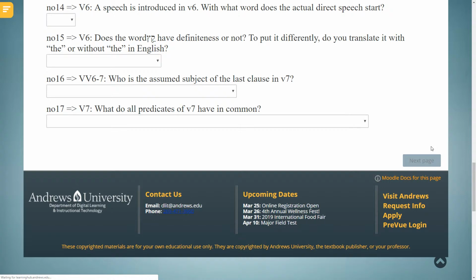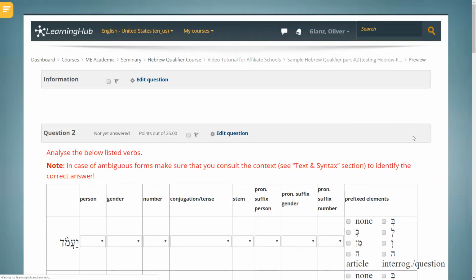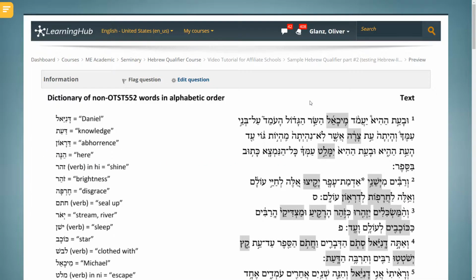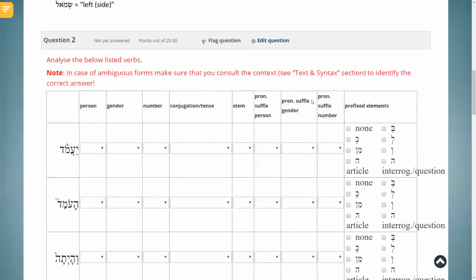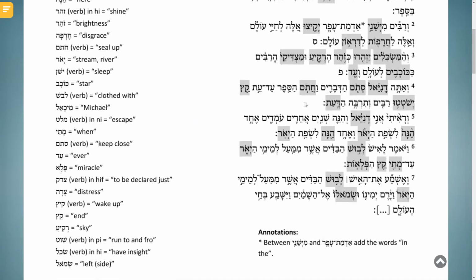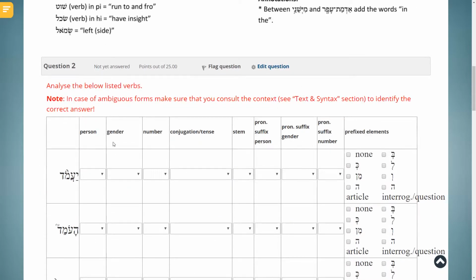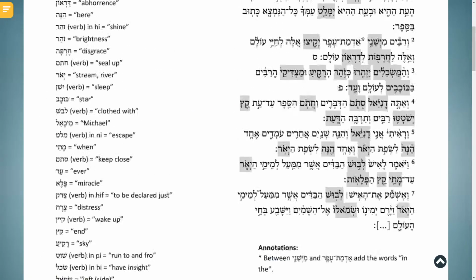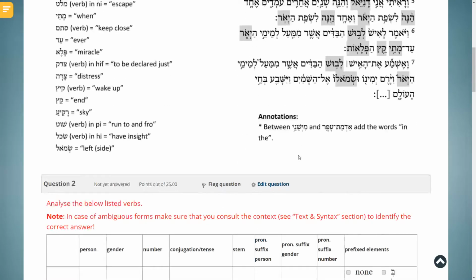Now, this is the whole syntax section, and the student is expected to answer between 16 and 25 questions. Then the second section is the morphology section, where the student is asked about verbal forms that have appeared in the text that they just translated.